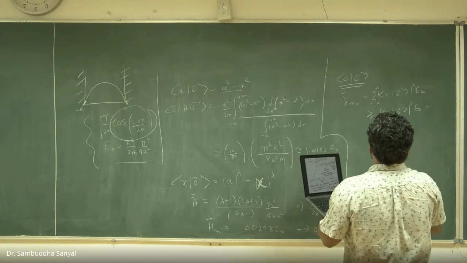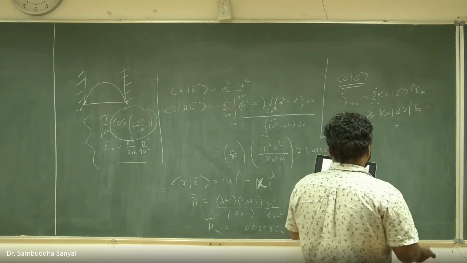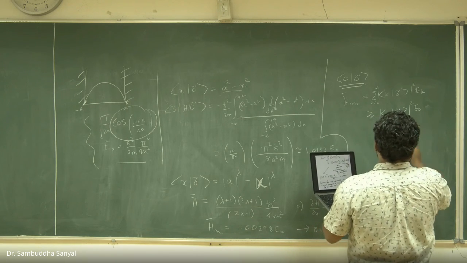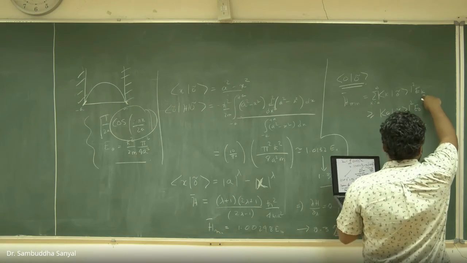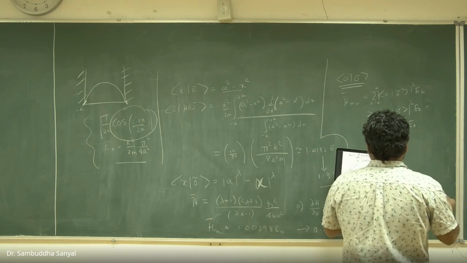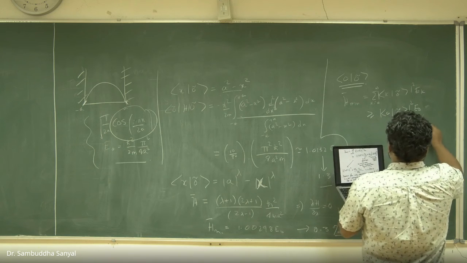the next excitation. So the lowest one is E0. The next one is 4E0. The third one is 9E0. So I'm rewriting it in terms of that.